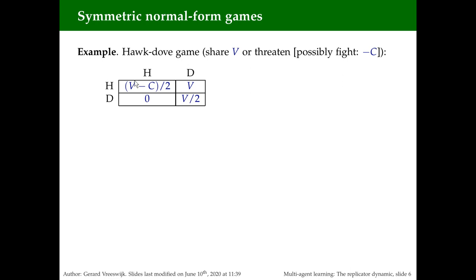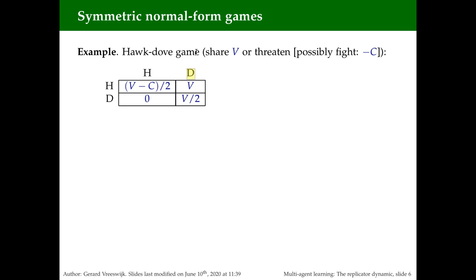So the scenario is there are two parties and both can assume the stance or the attitude of a hawk or a dove. And the hawk is the aggressive stance. So, for example, the two parties are Russia and the United States, in a political context. One stance is the aggressive stance, the hawk, and the other stance is the peaceful, passive stance, the dove.